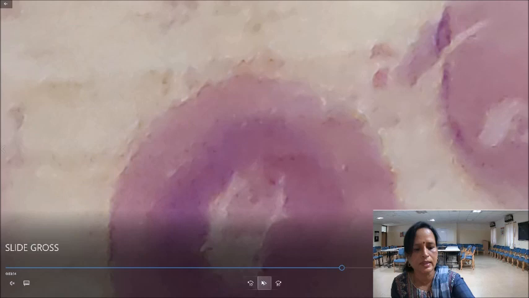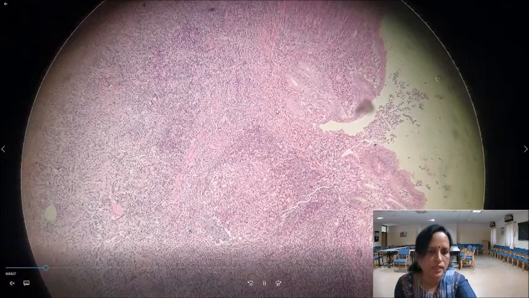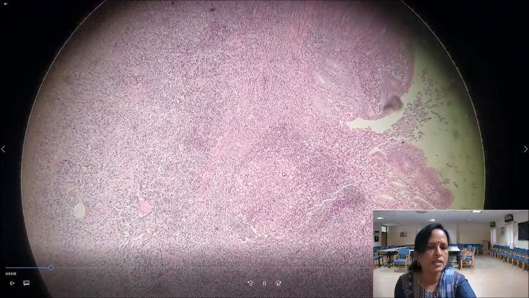Now you are able to identify. See the lumen, the mucosa, submucosa, lymphoid follicles. I'm just moving the slide towards the serosa. This is just the low power. We'll move on to the next higher magnification.